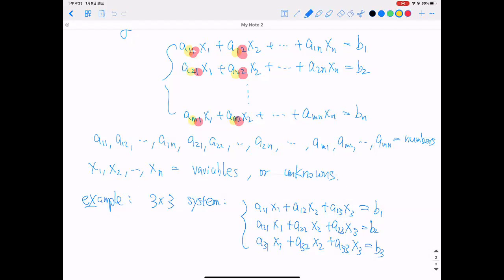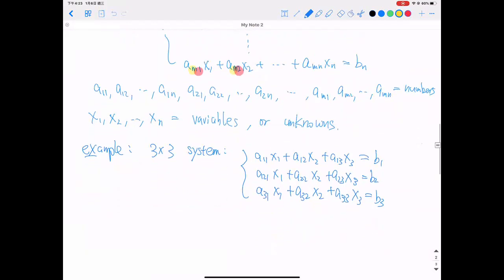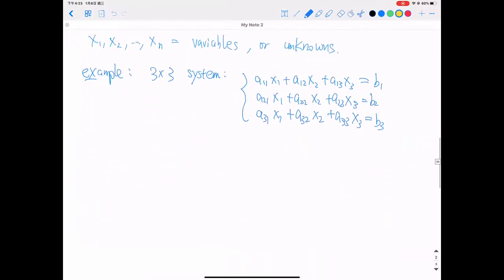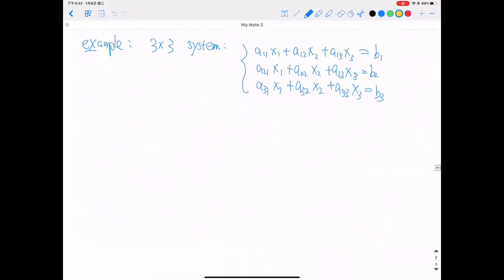So now we're interested in systems of linear equations because they often appear in practice.